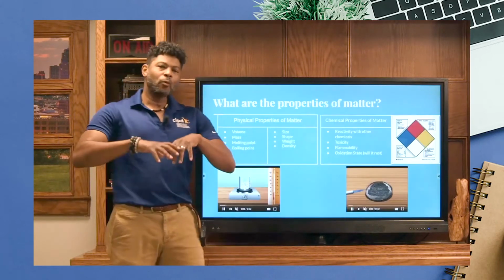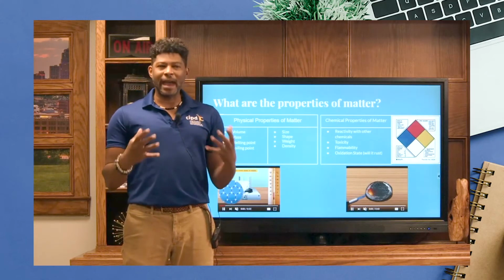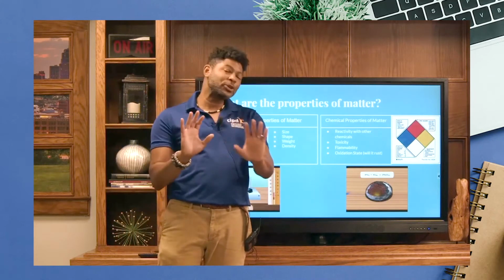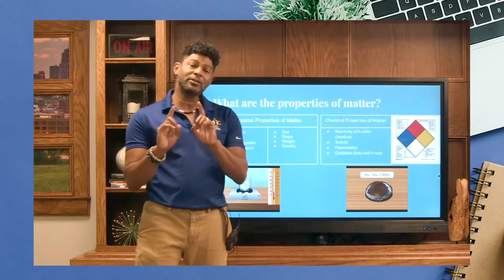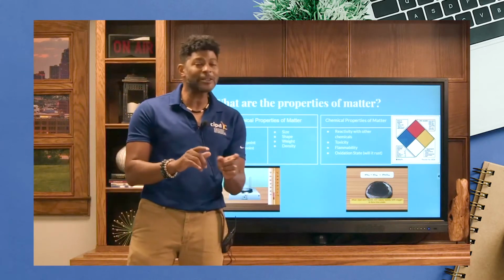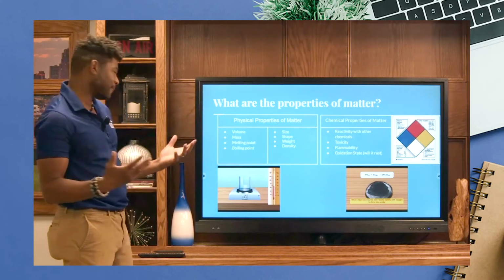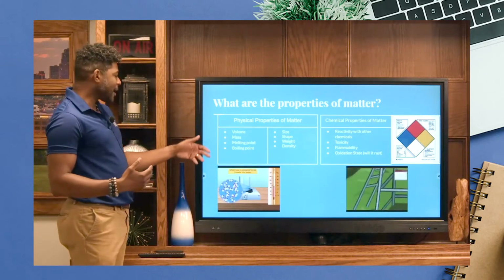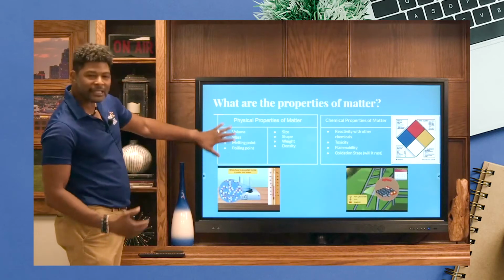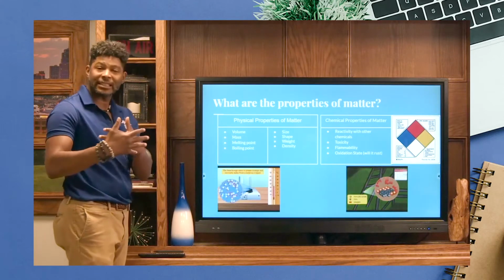Now, when you're looking at matter, you can describe it in two different ways. You can either talk about its physical characteristics or its chemical characteristics. So let's begin with physical characteristics. What are they? Volume, mass, melting point, boiling point, these are the types of things that you can physically see.